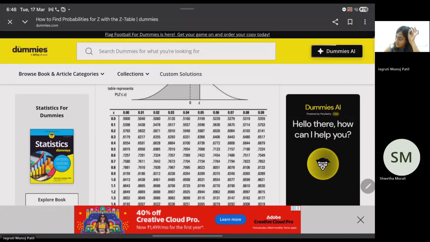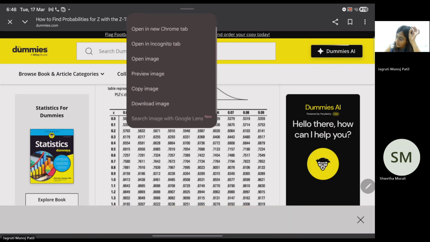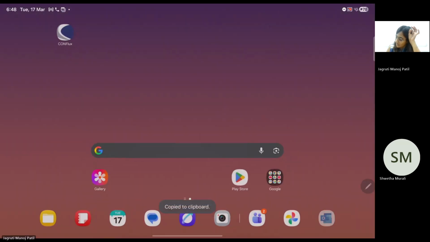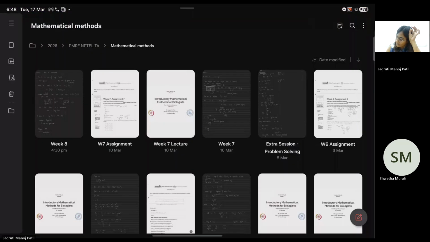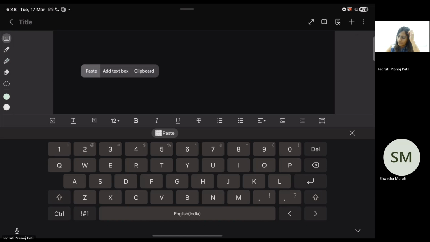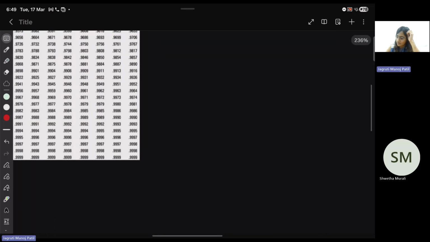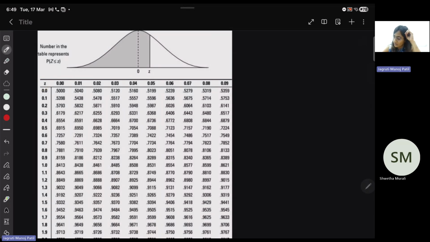Sure, let's just take a screenshot. Yeah, it worked. So if you're looking here, what you do is first go along this z. Let's say you want to find 0.55.